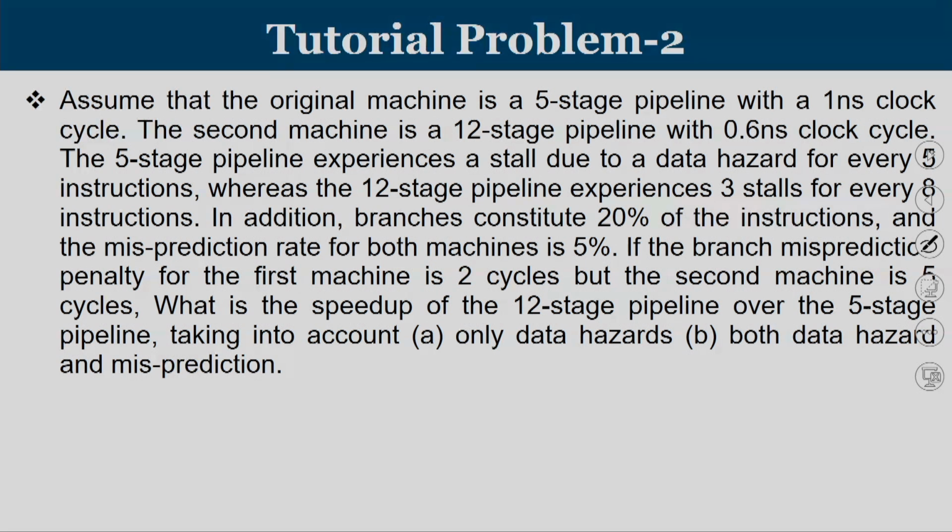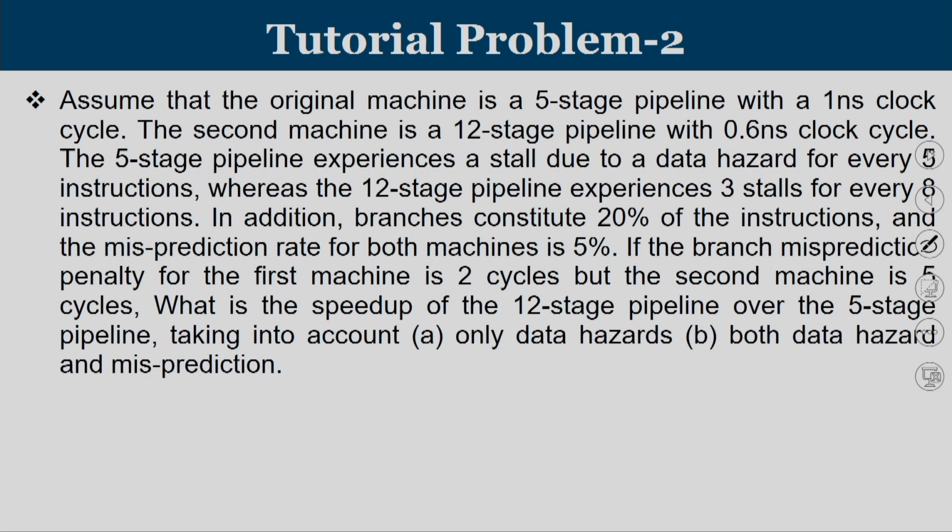Assume that an original machine is a 5-stage pipeline with a 1 nanosecond clock cycle. There is a second machine which is a 12-stage pipeline with 0.6 nanosecond clock cycle. The 5-stage pipeline experiences a stall due to data hazard for every 5 instruction, whereas the 12-stage pipeline experiences 3 stalls for every 8 instruction.